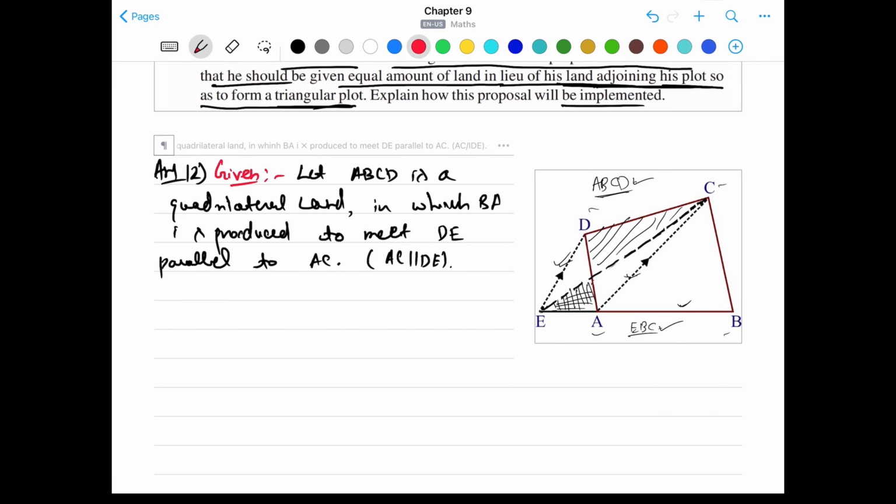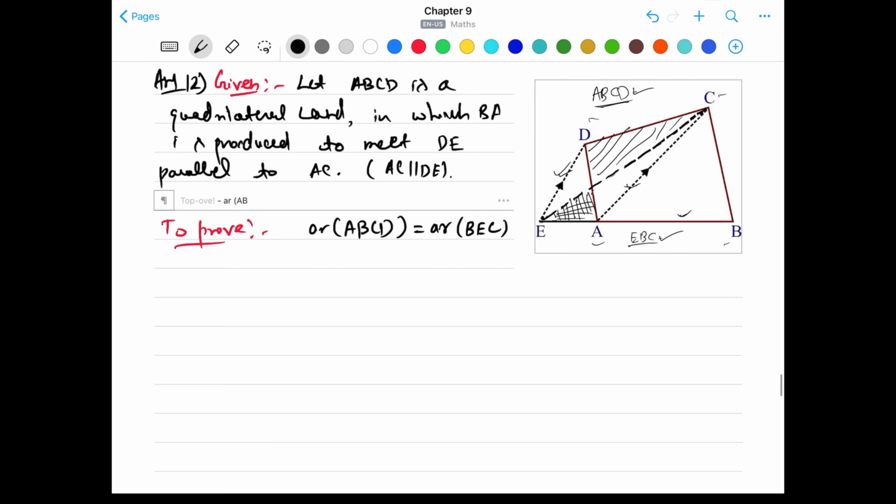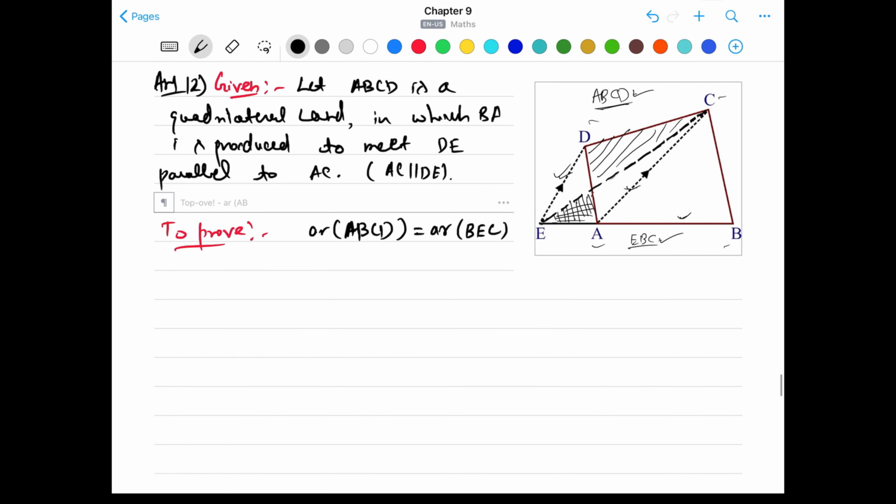What we have to prove here is that the area of the earlier quadrilateral ABCD is equal to the new shape, which is the triangle BEC. That is, area of ABCD is equal to area of BEC. Okay, let's start this proof.